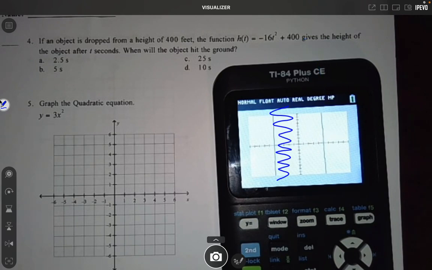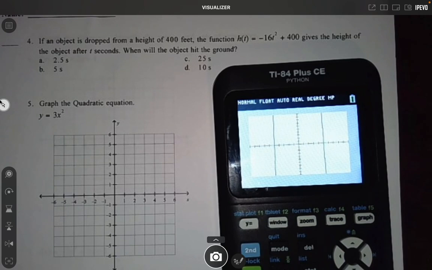But where did it hit the ground is right here. What does that number look like? 1, 2, 3, 4, 5 seconds. Now, since I see that as an option, I'm just going to pick that one, okay? But say that it could have been a decimal or it wasn't multiple choice, then you would actually need to find the exact answer. Okay, is everybody good with that one? So you just graph it and you find out when does it hit the ground.